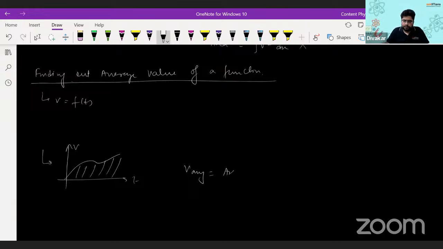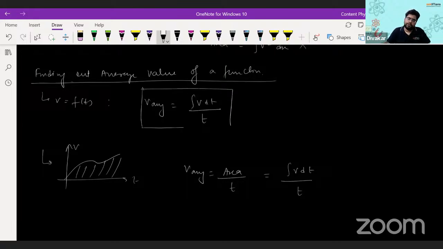So area under the graph divided by time. But remember, area under the graph is also the same as what? Integration. So this leads us to the answer to the first question: if you want to find out the average of a given function, the step is you integrate that function first and then divide it by the time for which the function was present.